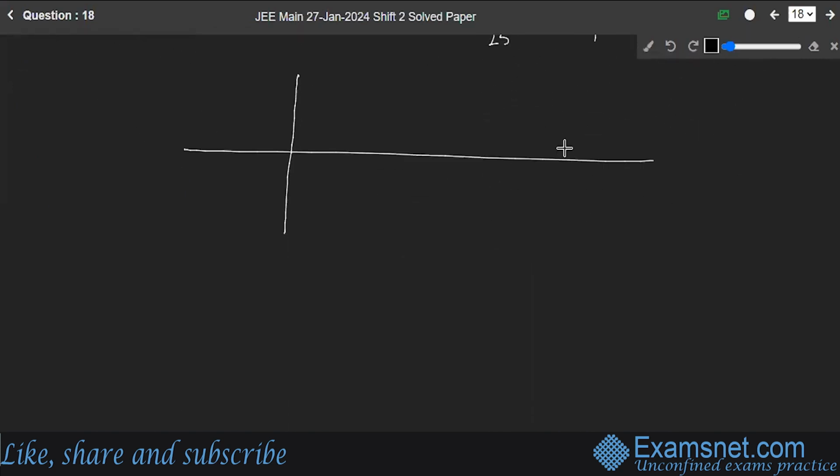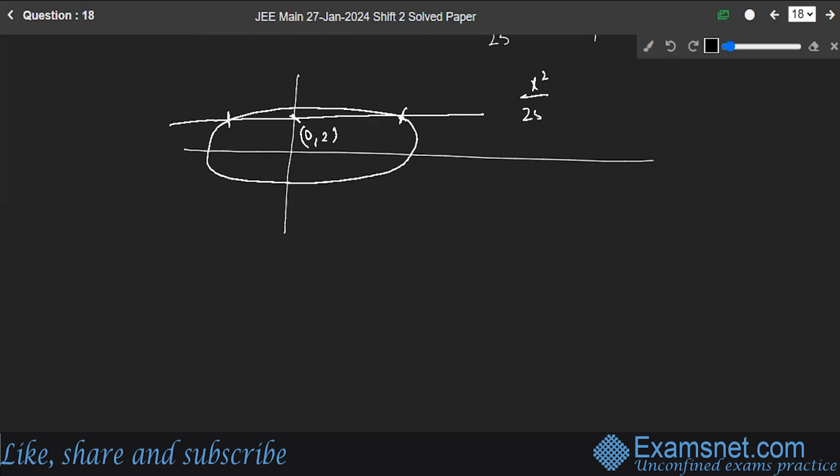This is your ellipse and this is your chord, which is passing through the point 0, 2. So this is your point 0, 2. These are the 2 points where it is cutting the ellipse. The equation of the ellipse we just solved, that's x square upon 25 plus y square upon 9 is equal to 1. Let's find out these 2 points.